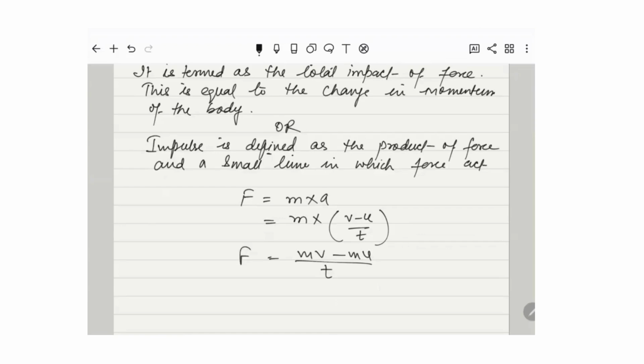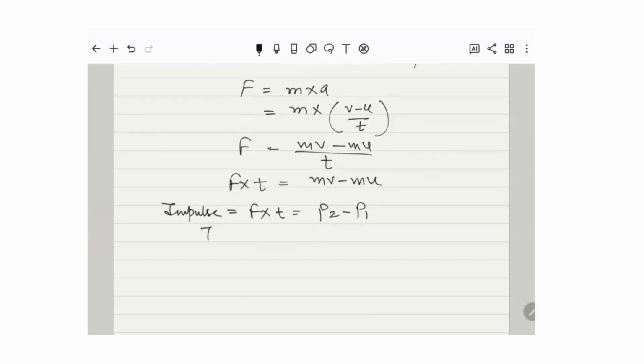This is F. Now, if you take t to this side, F into t will be equal to mv minus mu. Okay. So F into t, this is change in momentum, p2 minus p1. And this change in momentum is called impulse. What is it called? Impulse. Is that clear? Impulse is change in momentum.